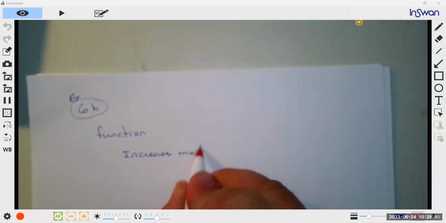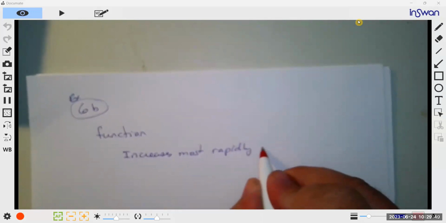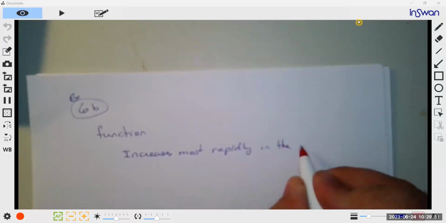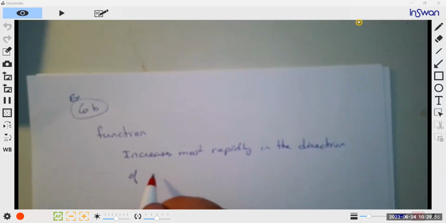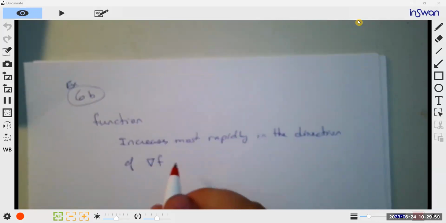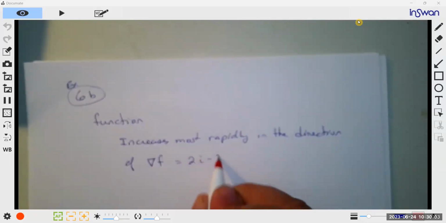Increases most rapidly in the direction of del f, which is 2i minus 2j minus k.